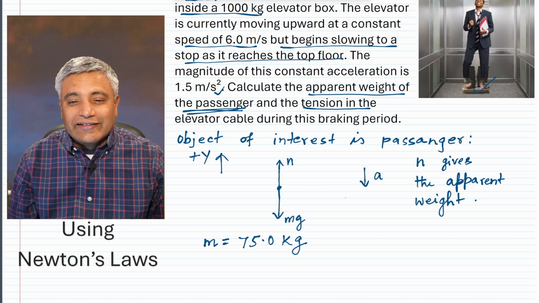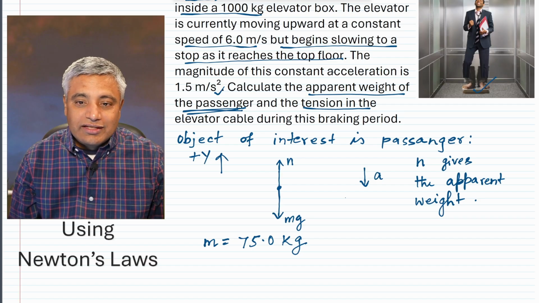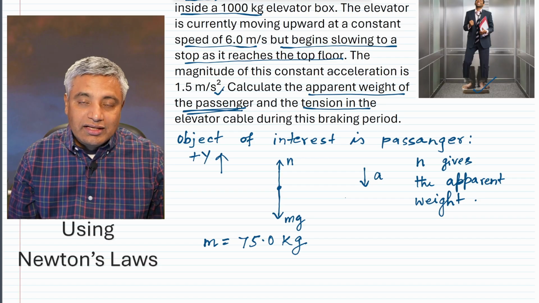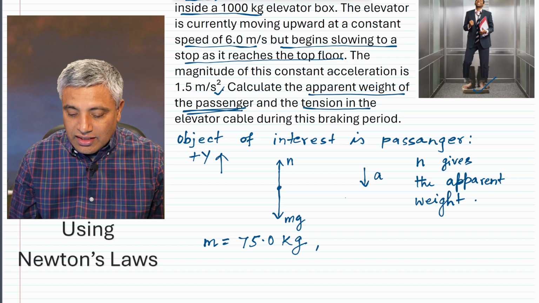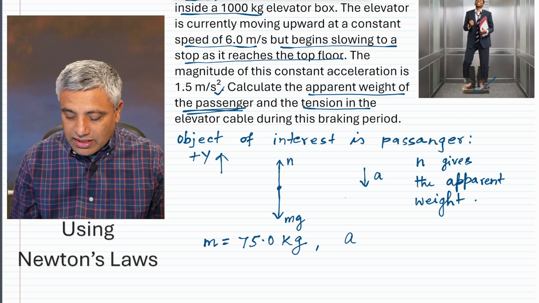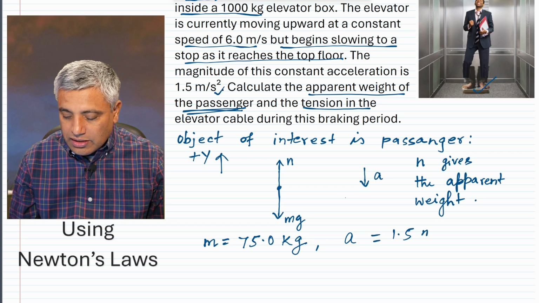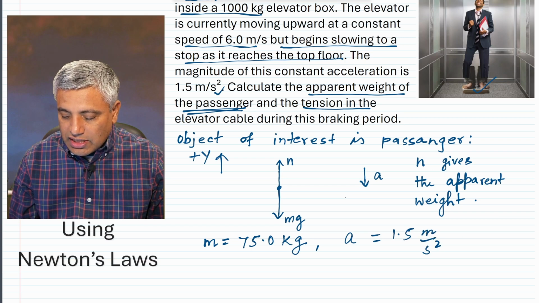And looks like velocity is there, but it's slowing down, it's changing. So it's acceleration that matters more than the velocity. So let's write the acceleration here. Acceleration is 1.5 meter per second squared, and it is down.